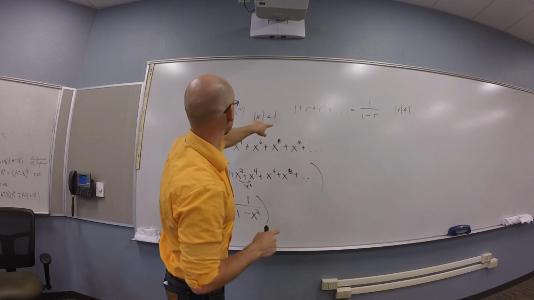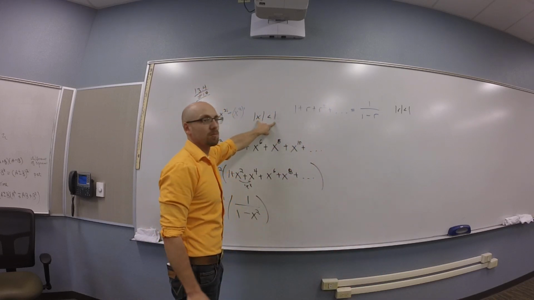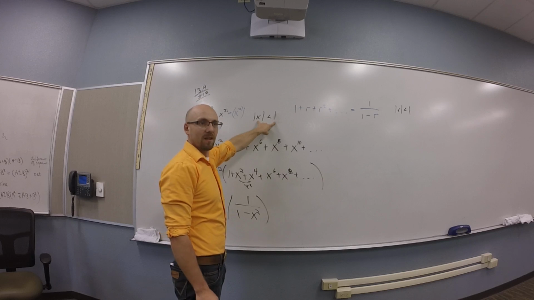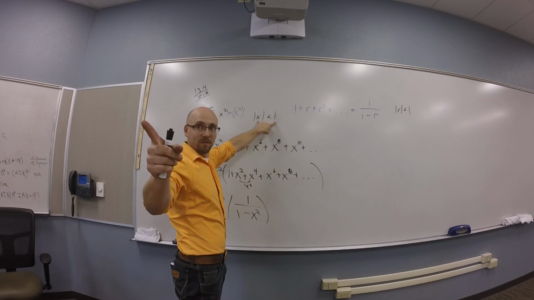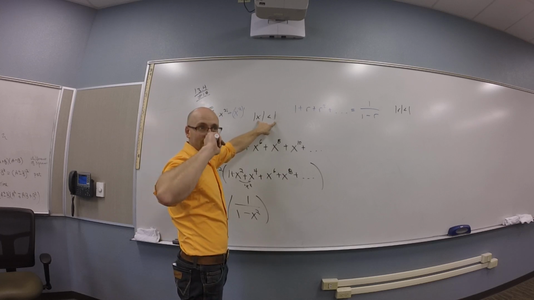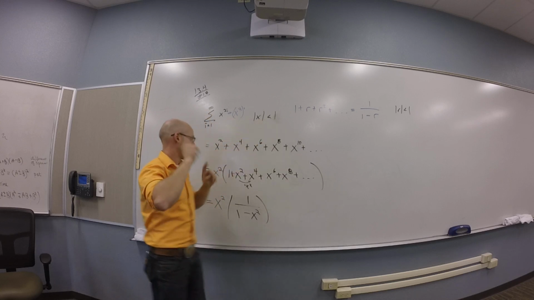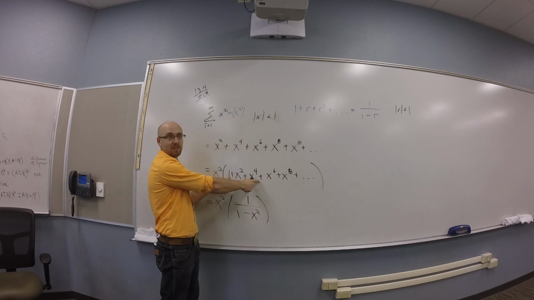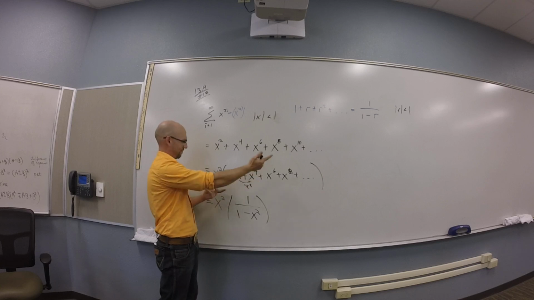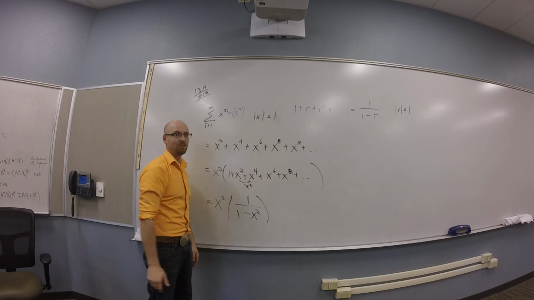Where did I use this assumption that the absolute value of x is smaller than 1? Where did that happen? Because you do geometric series, you have to. Yeah, it has to be for this sum to make sense, right? Because if x is bigger than 1, then this thing just goes to infinity.